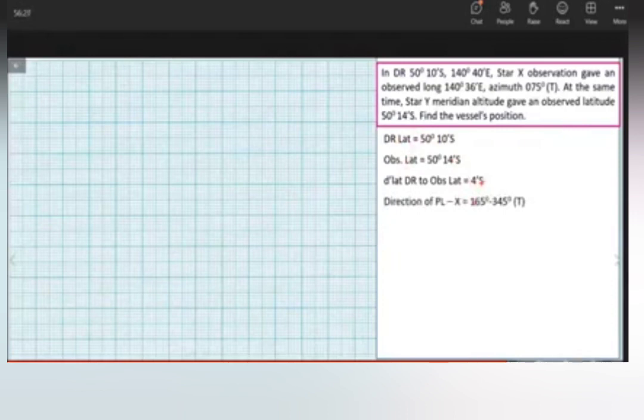Direction of PL of X, as already said, will be perpendicular to the 075 degrees azimuth, so shall be 165 degrees to 345 degrees. Direction of PL of Y shall be east-west, that is 090 degrees to 270 degrees true, being a meridian altitude observation and solved by latitude by meridian altitude. Now we come on this side.